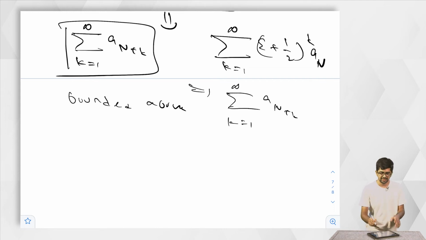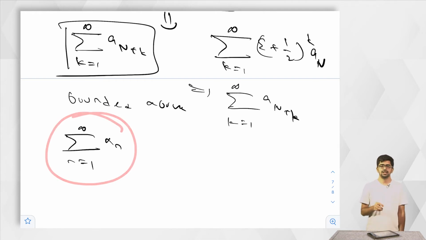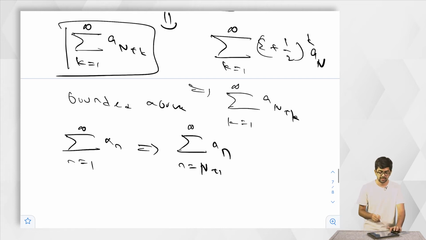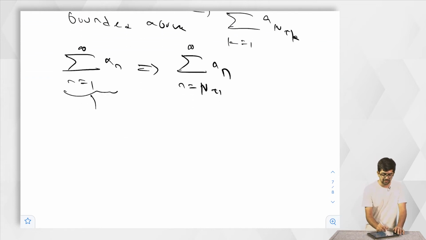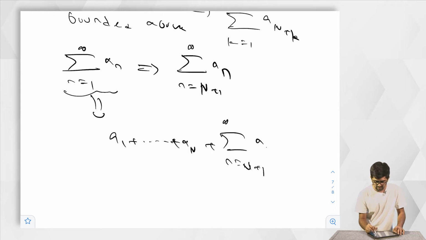Now does it say anything about the whole series, summation a_n, n equal to 1 to infinity? Yes, whatever I have said in the last session. Suppose we have a series like this, and this implies summation n equal to capital N plus 1 to infinity of a_n is convergent, and we have this result equal to a_1 plus dot dot dot plus a_N plus summation n equal to N plus 1 to infinity of a_n.